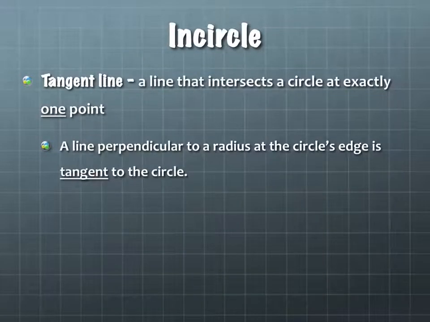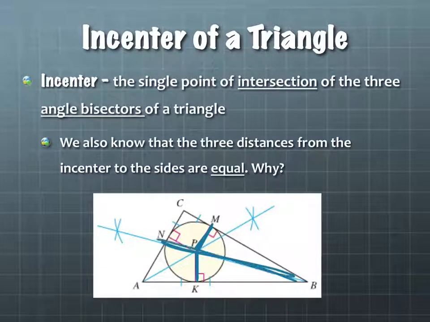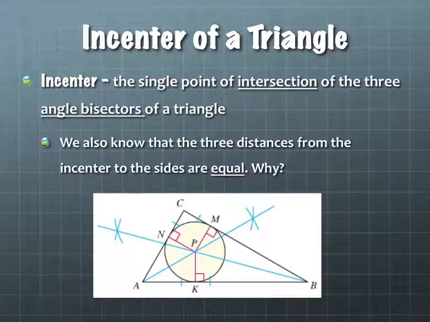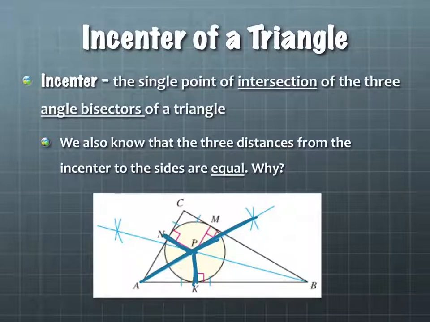So if we look at that point P, and let's look at this angle down here at the bottom, angle B. It's going to be equal distances here and here because it's on the angle bisector of angle B. And likewise, it has to be equal distances here and here because it's on the angle bisector of A as well. And we could talk about angle C the same way. There's nothing special about the two that are chosen, but we do have those two pieces there.